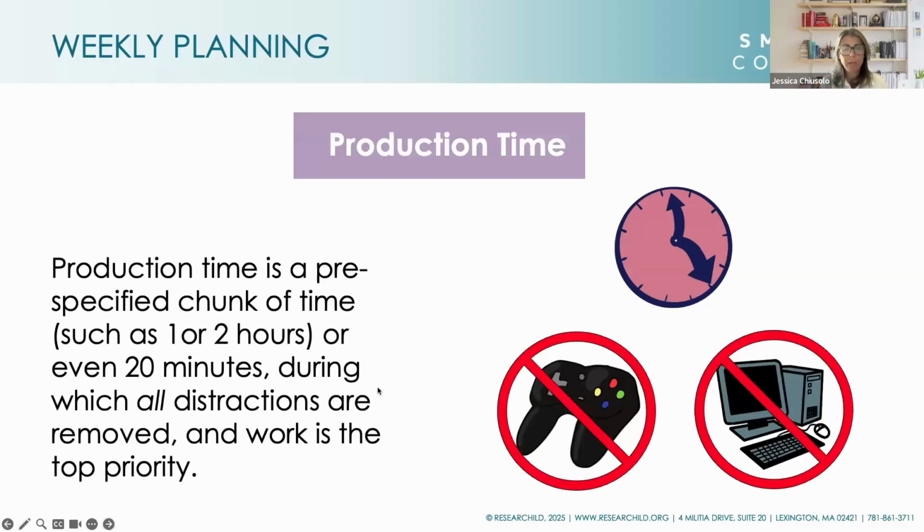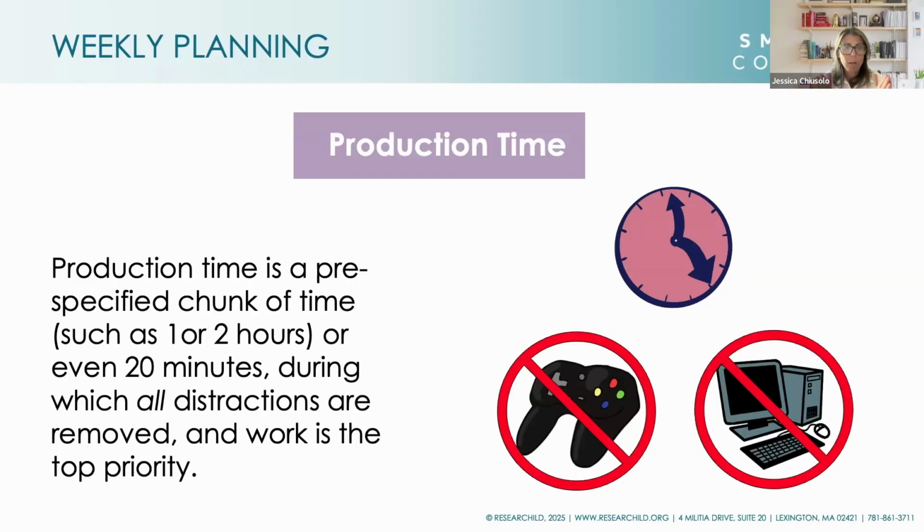Depending on the kids in front of you, you can start small. We've had production time with some students start as simple as 5 to 10 minutes, because that's all they're able to do without distractions. It's complete focus on a task without picking up phones, walking around, or going to the fridge to get a snack.